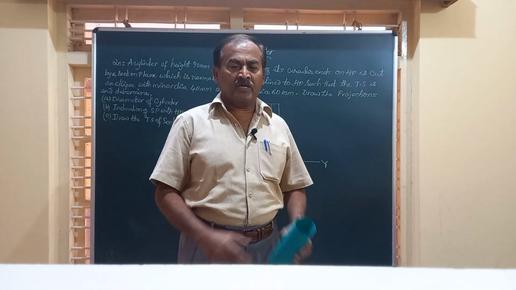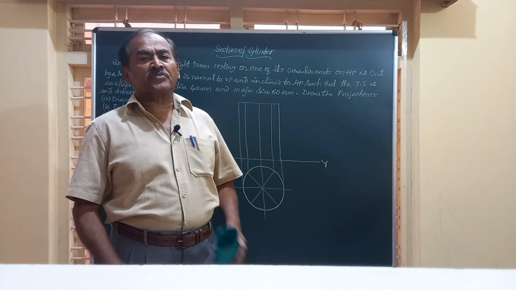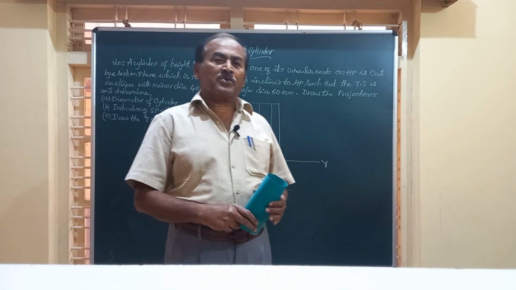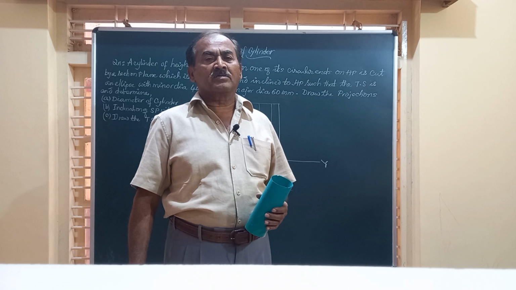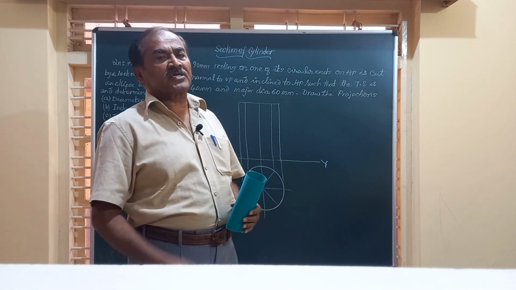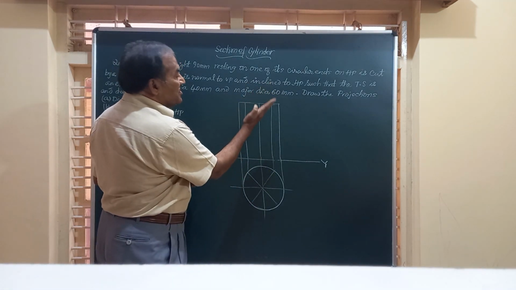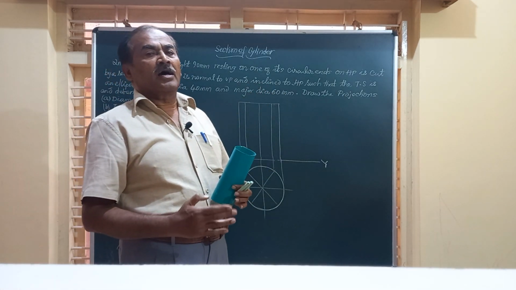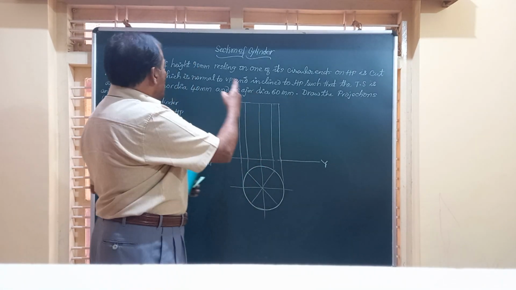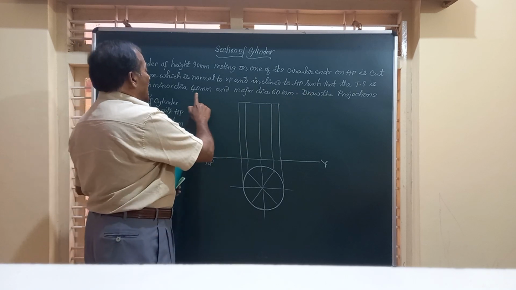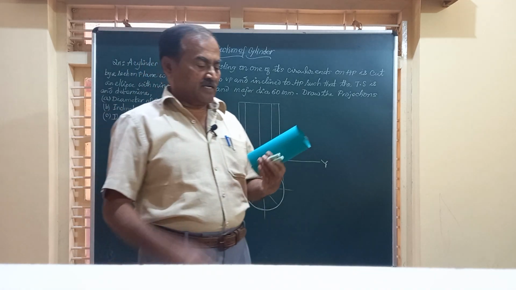Myself, Professor M.H. Annaya, and in this video, we are going to work out a problem on the section of a cylinder, which is being cut by a section plane which is normal to VP, means perpendicular to VP, and inclined to HP, such that the true shape of the section is an ellipse having minor dia 40, major dia 60 millimeter.